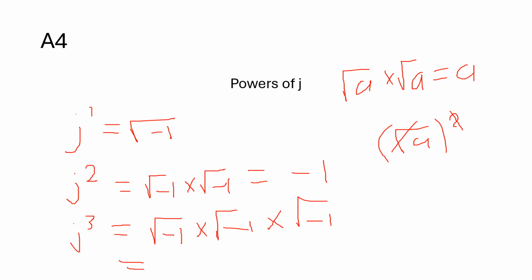When we multiply the first two, we know our answer will be -1. And then when we multiply by the remaining square root of -1, we know the square root of -1 has the value j. So the answer will simply be -j.